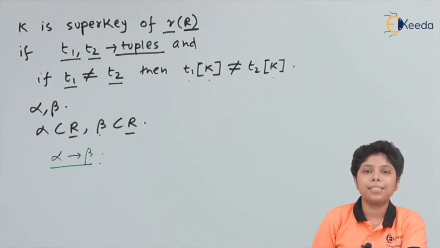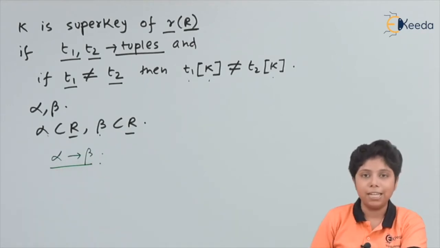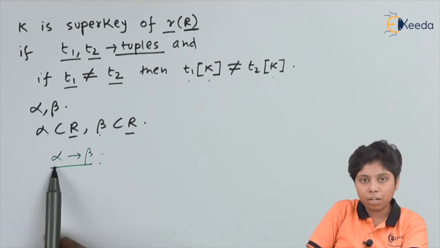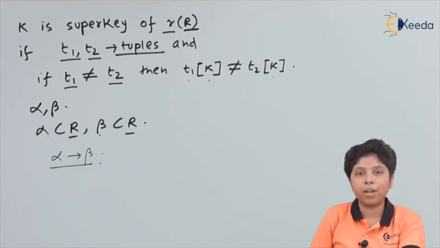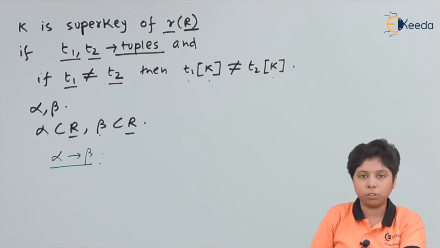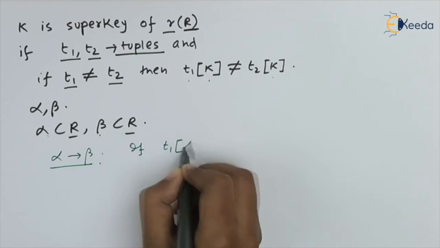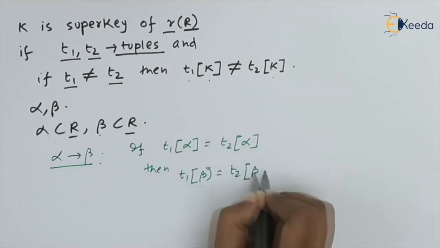Now, if there exists any functional dependency alpha defines beta, that means alpha defines beta. When there is a relation R, we need to satisfy it for every beta too. So we can write it like this.